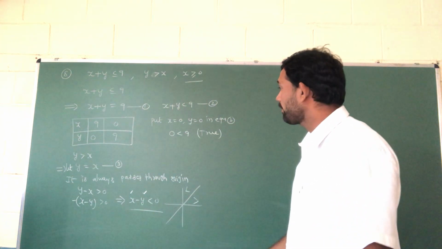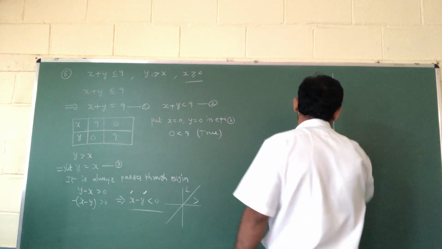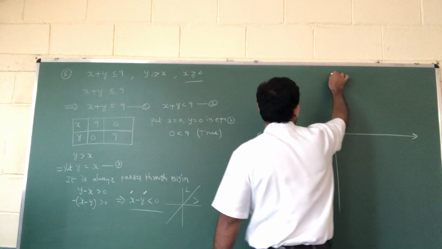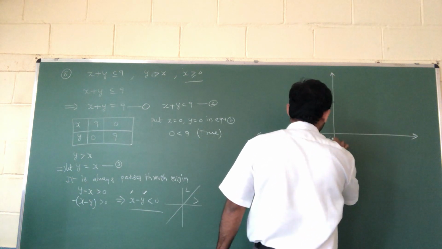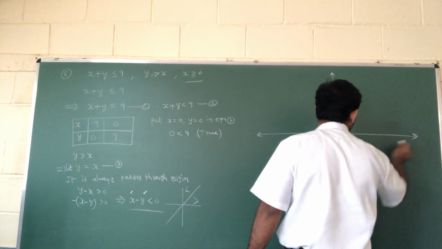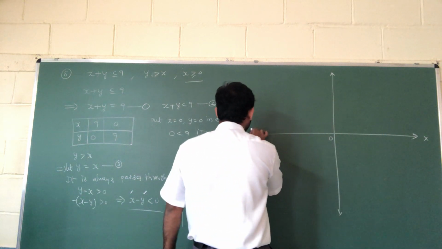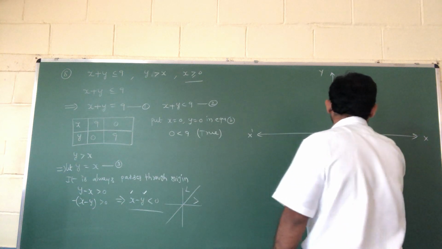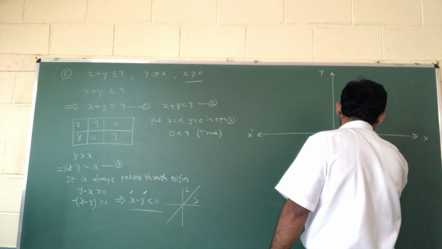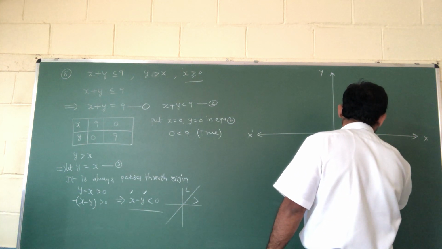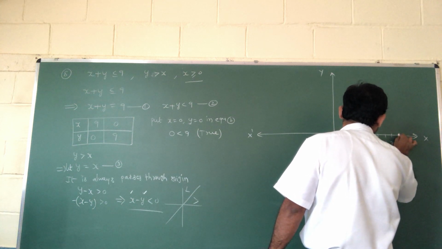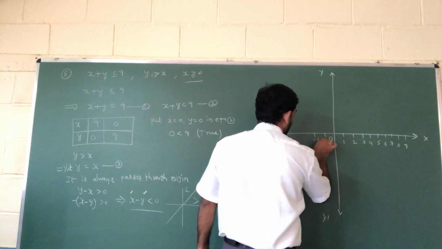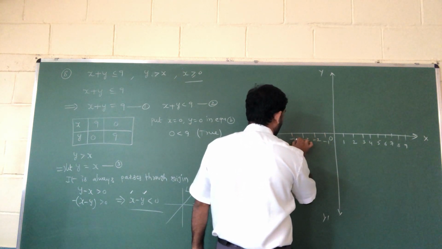Right? After that, take the graph. Next, x dash, y dash. And next, 1, 2, 3, 4, 5, 6, 7, 8, 9. Minus 1, minus 2, minus 3, minus 4.